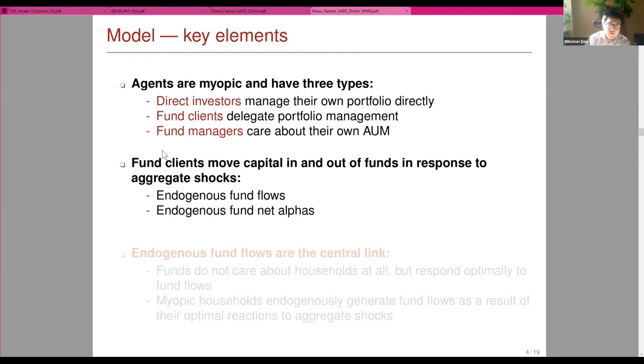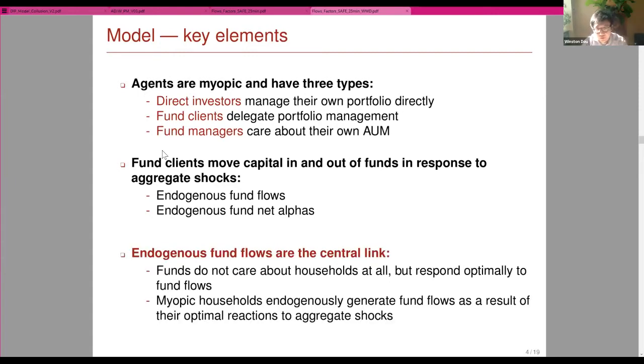And I want to emphasize these endogenous fund flows are the central link that connects the aggregate shocks, like uncertainty shocks, affecting myopic households and the institutions' asset allocations and asset pricing. Why is that the case?